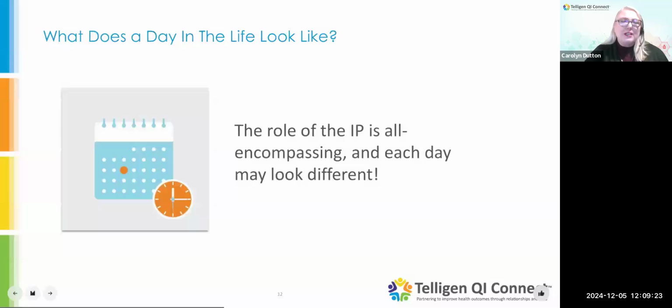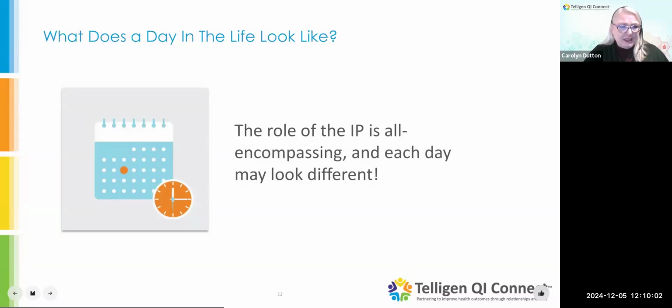Although each day is going to present unexpected challenges of its own, at the core of an IP's day are key components such as surveillance, mitigation, education, data analysis, and dissemination. You're always going to have those things, but each day may look a little bit different. Still, you should have an organized system to ensure that you're meeting all of your required duties and that your purpose is being carried out in that IP role.